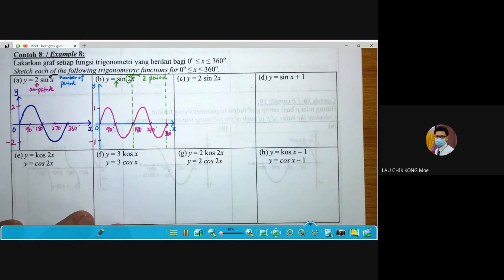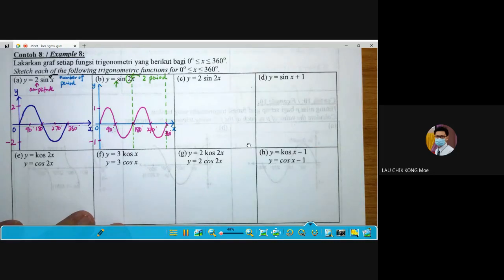Is the line not good? Joseph also the same. I think it's go. Which one go? Rosiana. Okay.